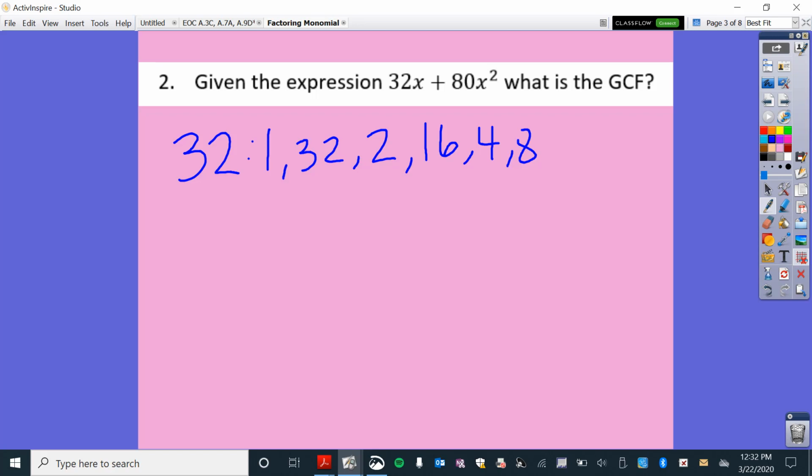So now we're going to move to our second number. Our second number is 80. So again, we have 1 and 80. What's next? 2 and 40.